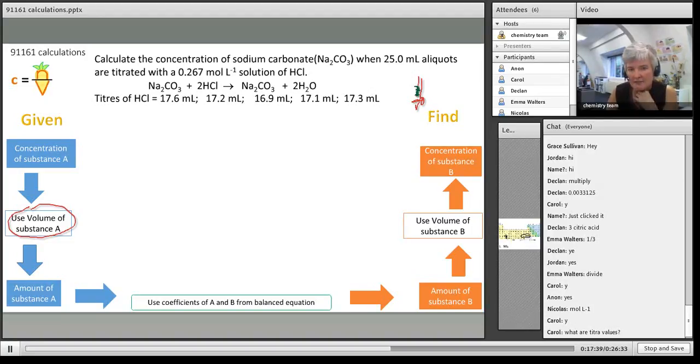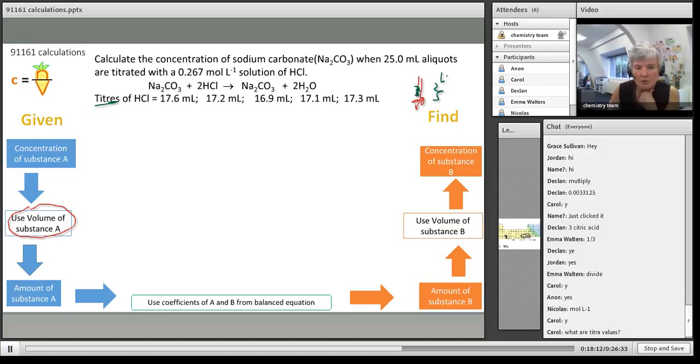Now this volume of substance you add is called a titer, as in, well, there it is, okay, T-I-T-R-E. It's just simply the amount you've added from the burette. And when you do the practical titration, you have to have at least 3 values that are what we call concordant. In other words, they have to be close enough together.